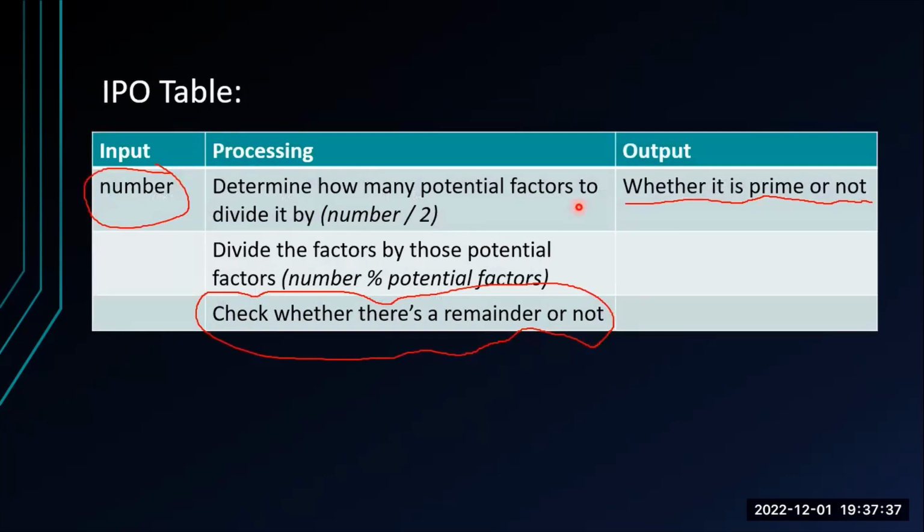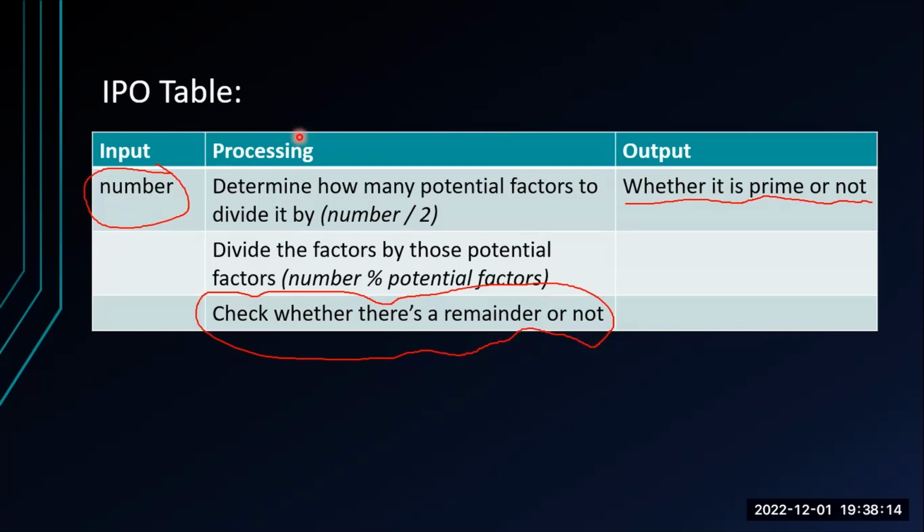So here you can see number is our input. So then to look at our processing, we would first have to determine how many potential factors we would have to divide it by. So as I said, we can use the halfway point. So it would then be number divided by 2. So we then divide the number by those potential factors.